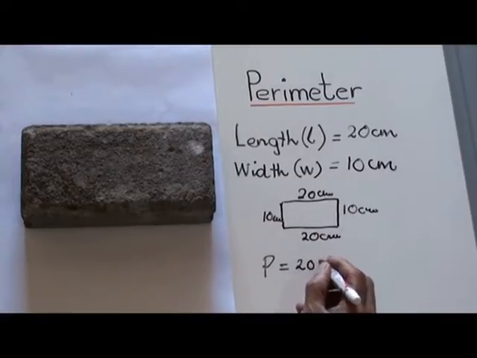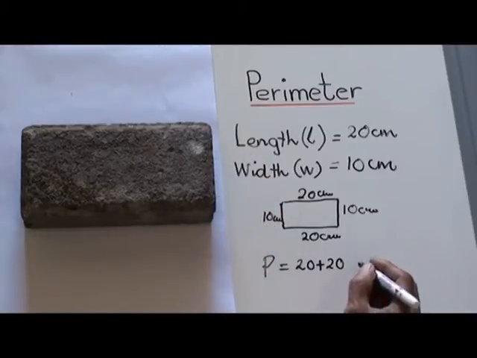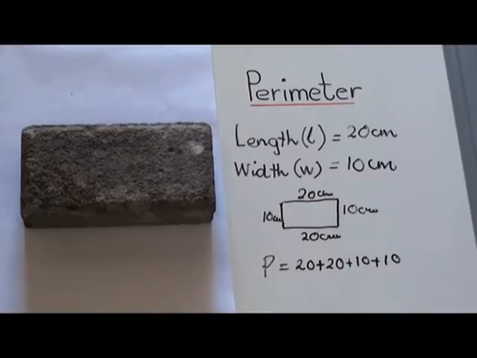So it's 20 plus 20 plus 2 of the width. So it's 10 plus 10. The perimeter is equal to 20 plus 20 is 40, 50, 60 centimeters.